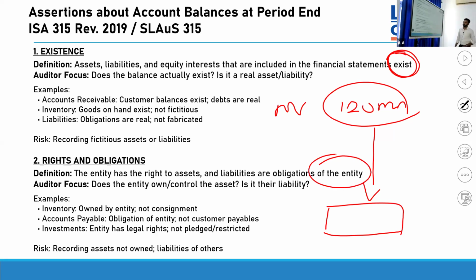Let's say you have recorded a liability of your own bank loan, not in your company name. Then it is not a liability. It is not an obligation of the entity. It is your own obligation, right? Such kind of thing we should consider in the financial position, right?